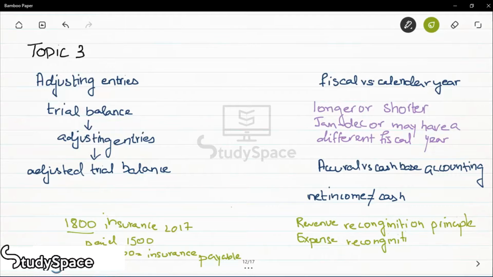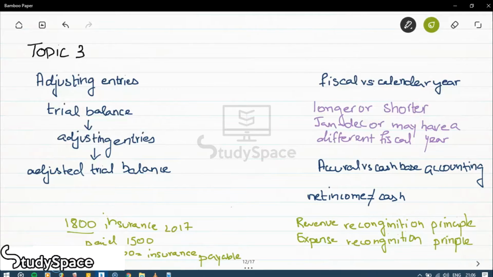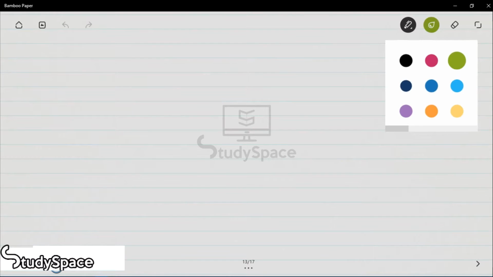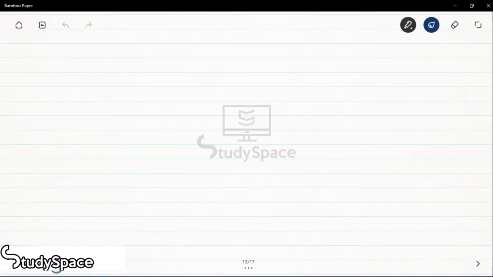Moving along, we will now see what types of basic accruals and adjustment entries exist. The first type of adjustment entry is prepaid expenses. What prepaid expense means is that we have already prepaid a certain expense. Therefore, the expense for this year will not be paid by us.